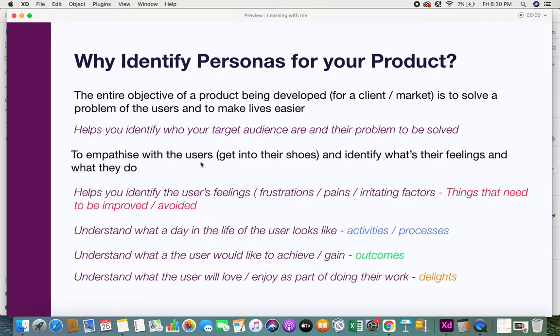The next one is to empathize with the users, get into their shoes, and identify their feelings and what they do. You cannot provide a solution for someone when you don't know what they feel, what their difficulties are, what actually drives them, what they like about their job. You need to understand everything.